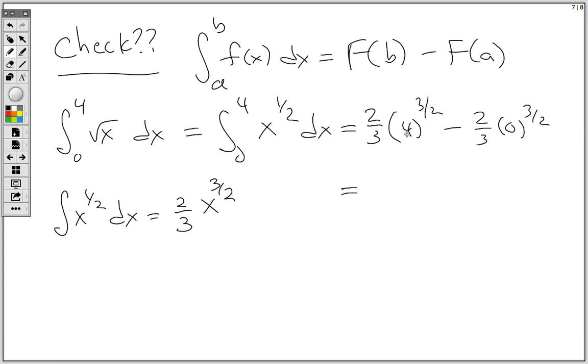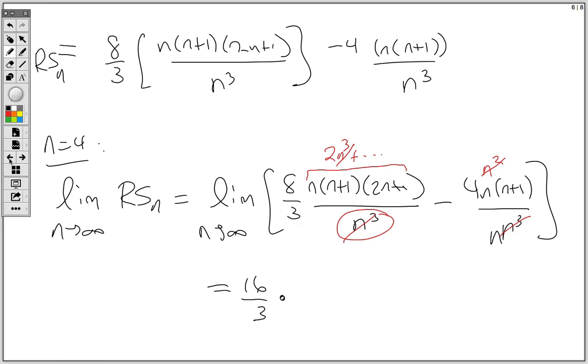The square root of 4 is 2, and 2 cubed is 8, so I get 16 thirds here. 0 to any positive power is 0. And sure enough, we get 16/3. So this seems to work, and we're going to prove the fundamental theorem of calculus next week, so we'll know that it works all the time. This is not just a coincidence.